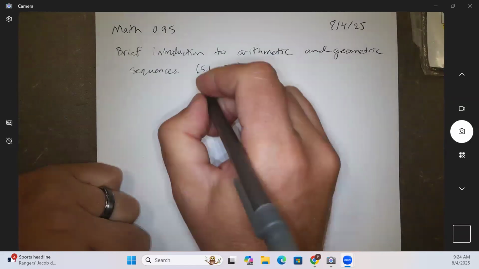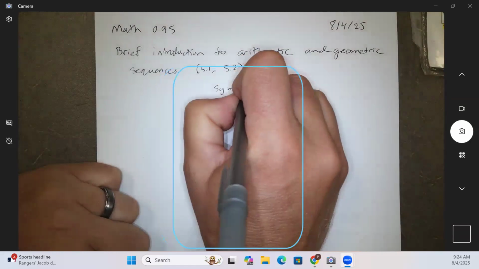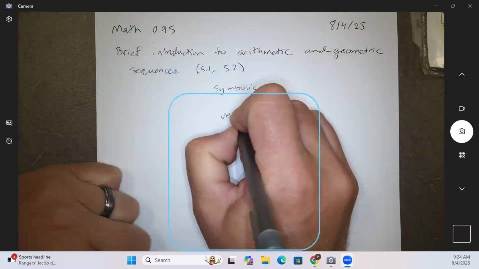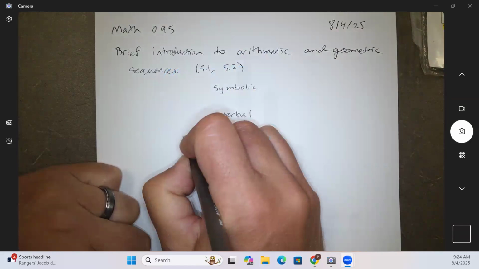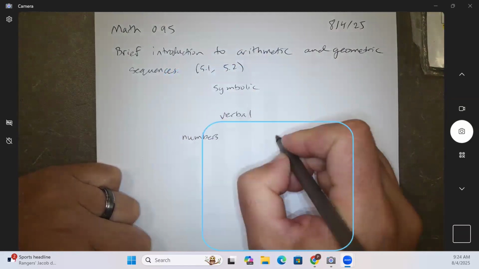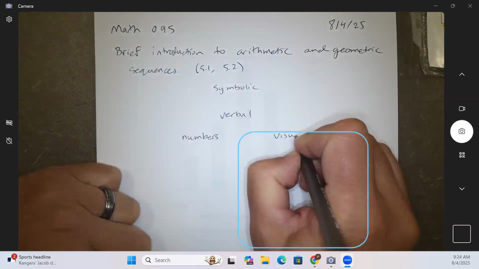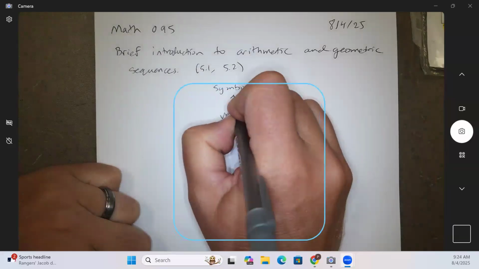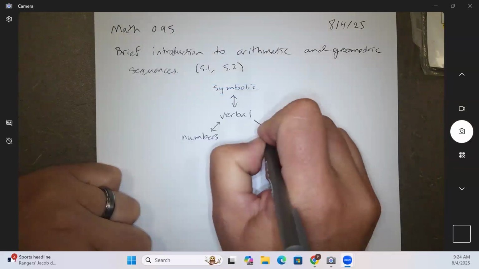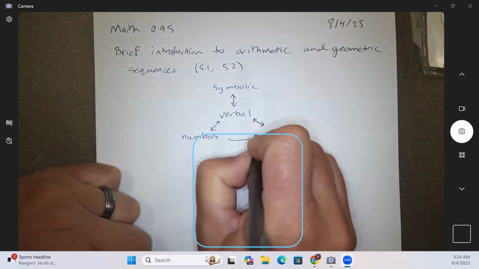So the first thing I want to do is remind you of our four representations of mathematical ideas.